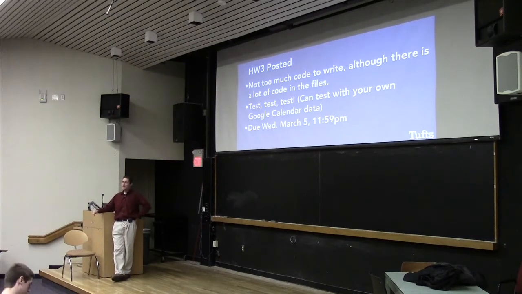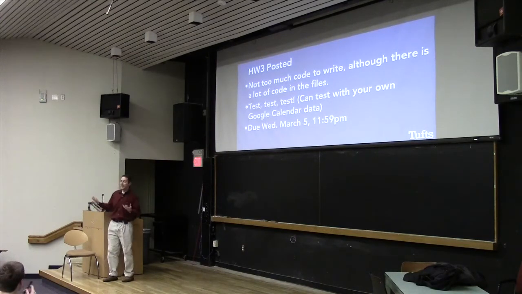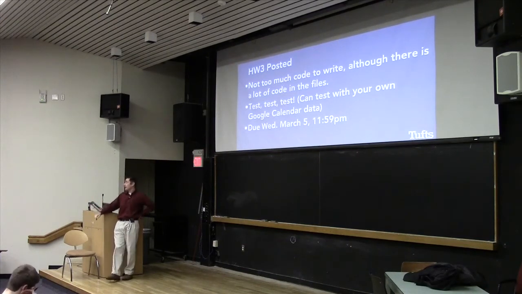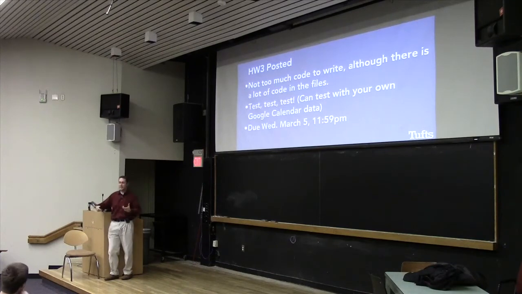So if you've looked at it already, you'll notice there's actually a lot of code in there. I've added another class called a calendar class. I've increased the size, added a few functions to the day class and the event class. And one thing that led to was me saying, all right, look, I know I told you guys that I was going to have you use your old code in assignment 3, but actually it's not as easy to shoehorn your old code in.